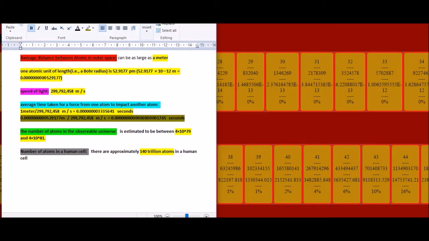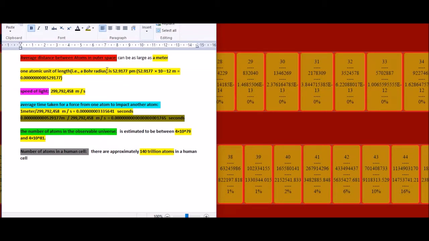Now if you look at the average distance between two atoms in outer space, it can be as large as a meter. I didn't know that. That's weird. But on Earth we use the atomic unit of length, the bond length, which is the Bohr radius of 52.9177 picometers, and every covalent, ionic bond or whatever type of bond there is on Earth is within, I would say, 5, 10 to 100 of these atomic units.